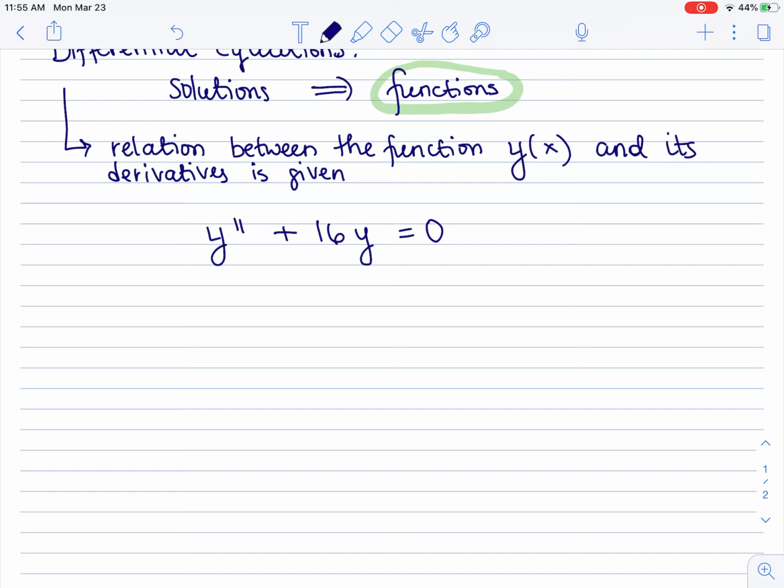So one particular solution to this equation is y is equal to cosine of 4x. So far we're not learning how to solve these yet. I'm just telling you. So it is known that this is a solution.